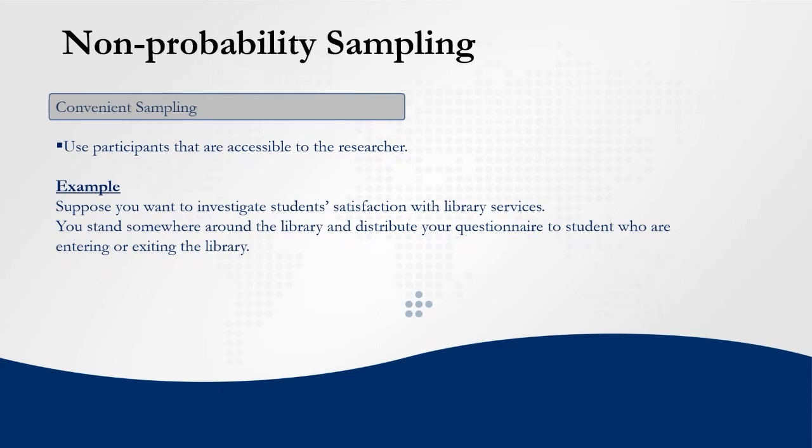So with this one, obviously, if you want to look at satisfaction with library services, you will go on campus, and in most cases you will sometimes even go to the library, even worse, and distribute your questionnaire there to the students who are entering and exiting the library.